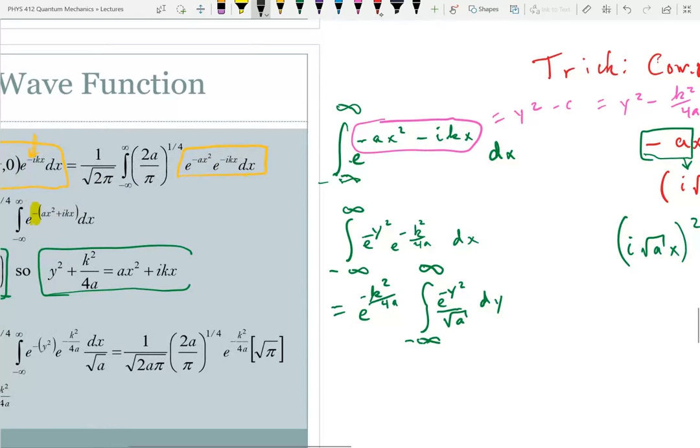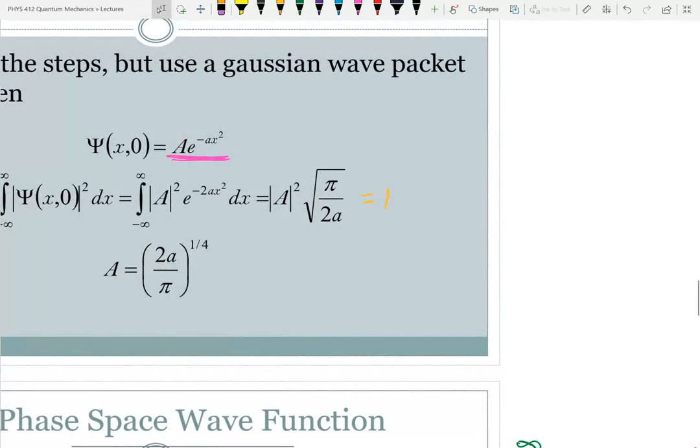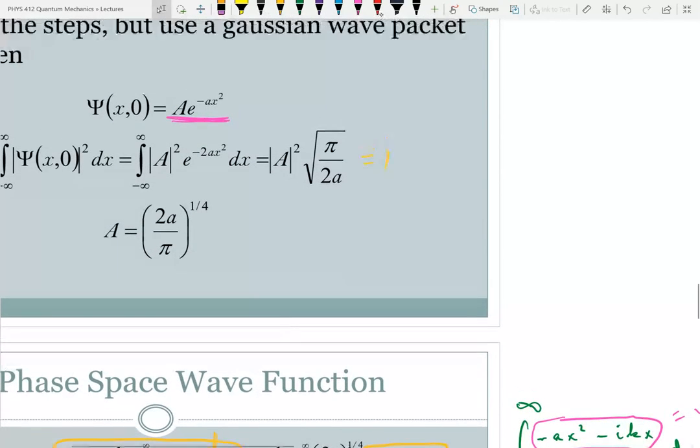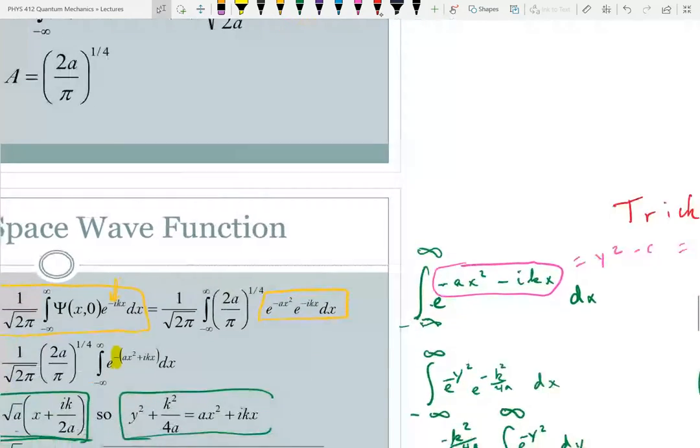So now it's a Gaussian integral. If we look at our Gaussian integral table, once again, that's the same thing that we just did. Going from minus infinity to infinity, it's going to have the 2 on there, so it's going to be square root of pi over, yeah, and the 2a there is just 1.